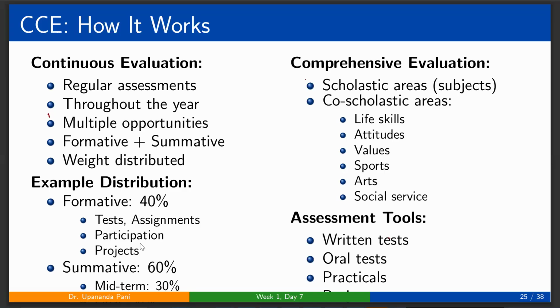For example, formative could be 40%: tests, assignments, participation, projects. Summative will be 60%. Comprehensive evaluation has scholastic areas, and co-scholastic areas such as life skills, attitudes, values, sports, arts, social services. The assessment tools are written test, oral test or practicals.